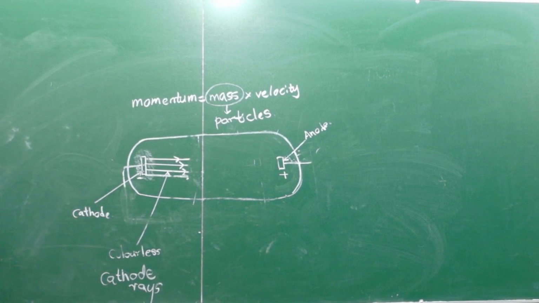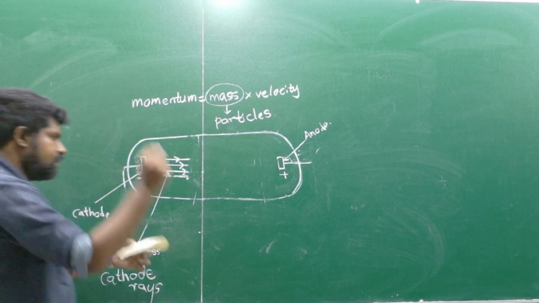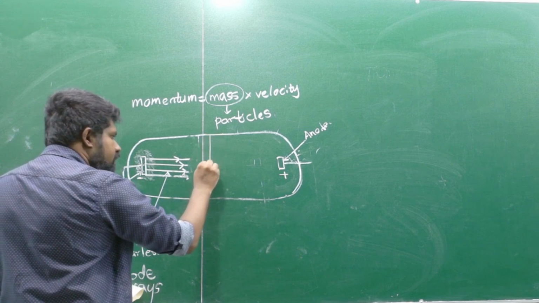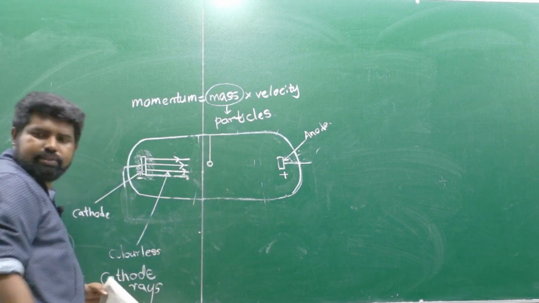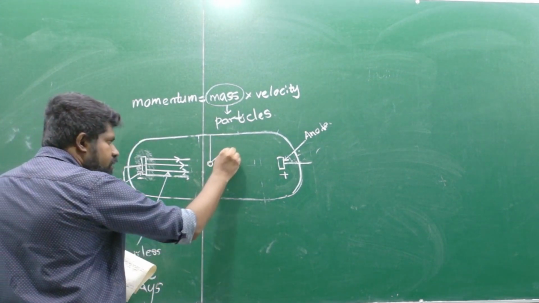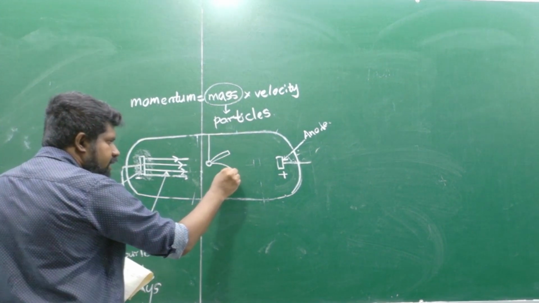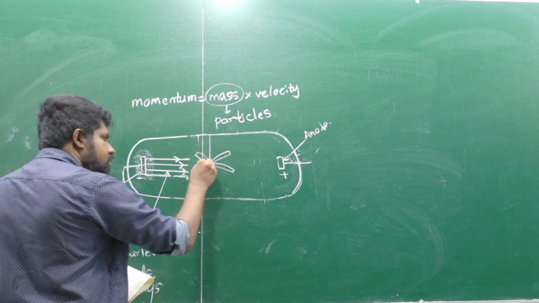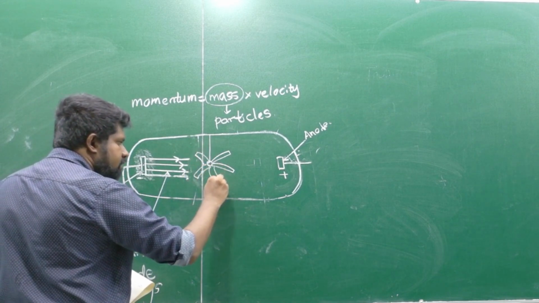What he did was, he placed a paddle wheel in the path of cathode rays. A paddle wheel means there are paddles connected to a wheel. The shape is like this.